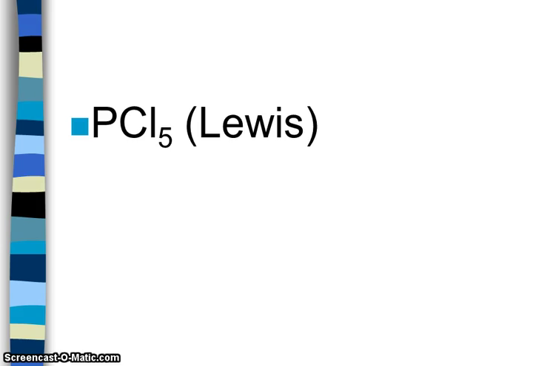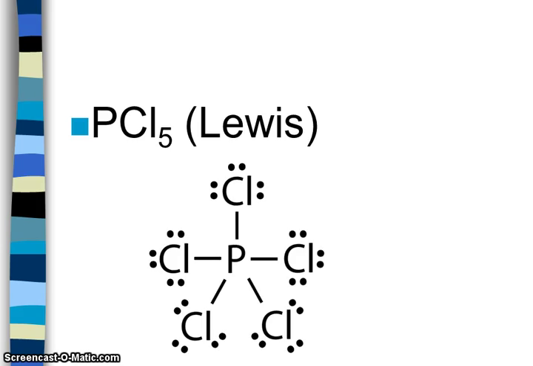So now let's look at phosphorus pentachloride. So here's our general structure. If we look at chlorine, we've got four effective pairs: one bonding pair and three lone pairs of electrons. So we're going to need four equivalent hybridized orbitals around chlorine. If we look at phosphorus now, we've got something very different.